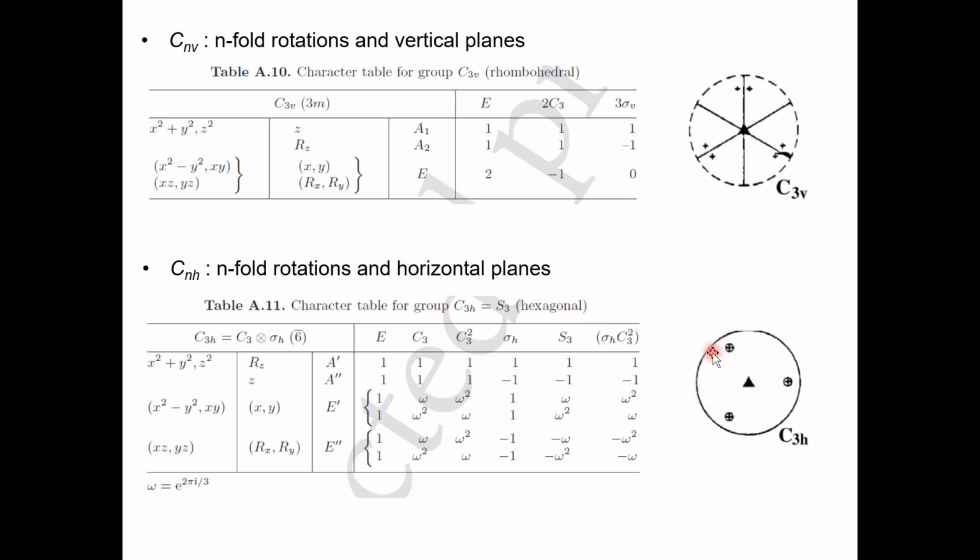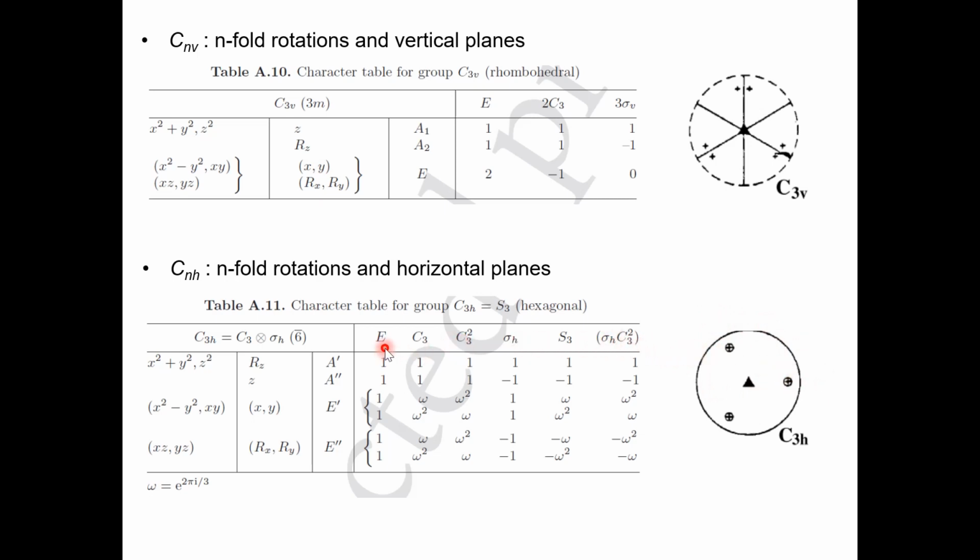Okay, so in this case, you can see that you have crosses and the open circle, and this symbolizes 2 equivalent atoms, one above and the other below the plane of the figure, and they are related to each other by this sigma h reflection, which is a reflection through the plane of the figure.